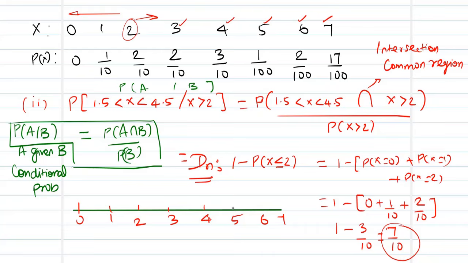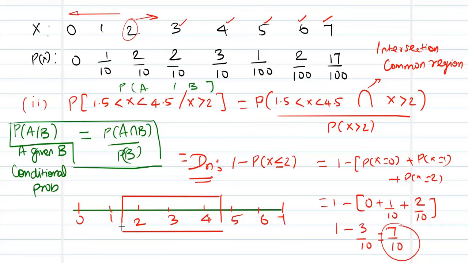Now we will try fixing this probability on the number line. Where is our 1.5? Here. 4.5, it is here. You want it between 1.5 and 4.5. So this is going to be our 1.5 to 4.5.